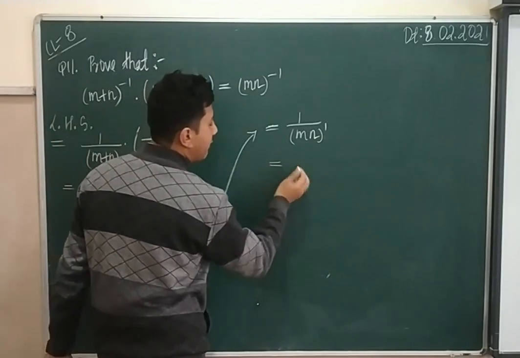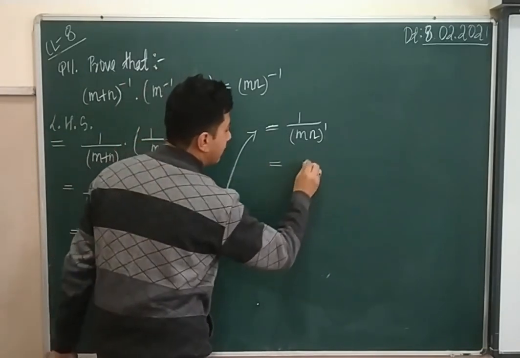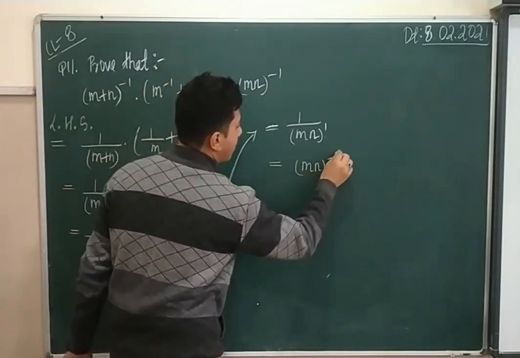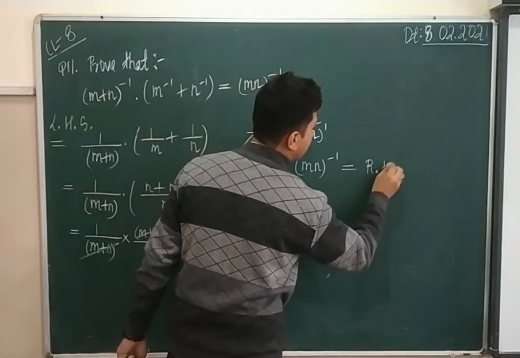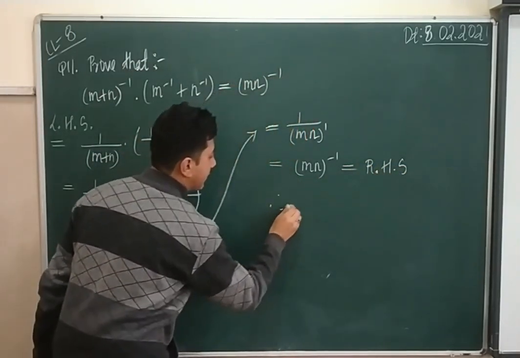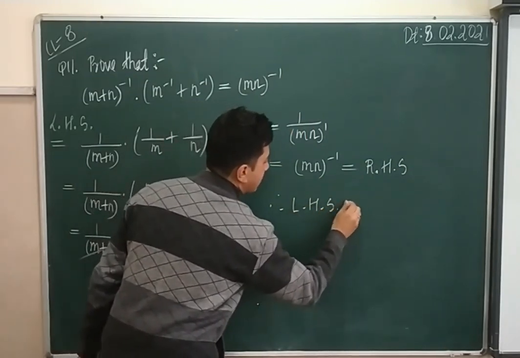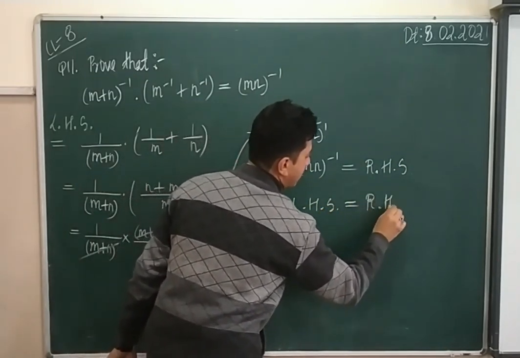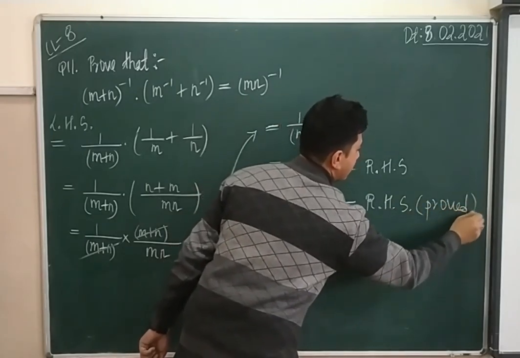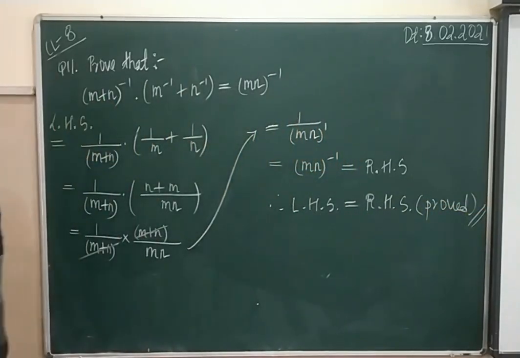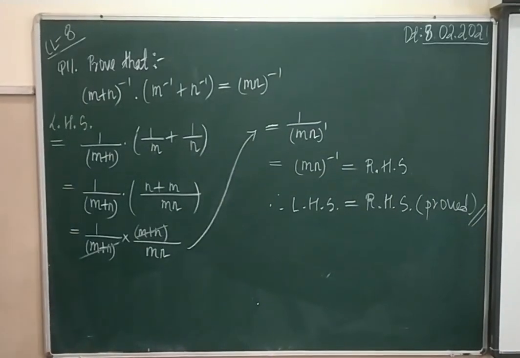So hence, if I take it back to the numerator, this will be mn to the power minus 1, which is my RHS. So therefore, I can clearly see LHS is equal to RHS, proved, isn't it? Okay, so this is how we do this sum. So please pause the video and note it down.